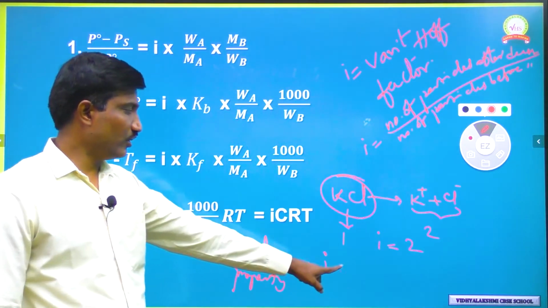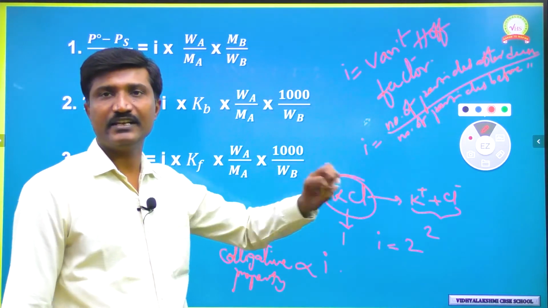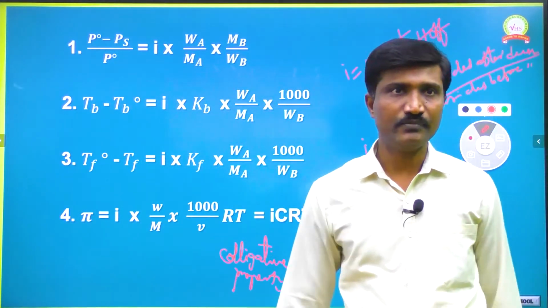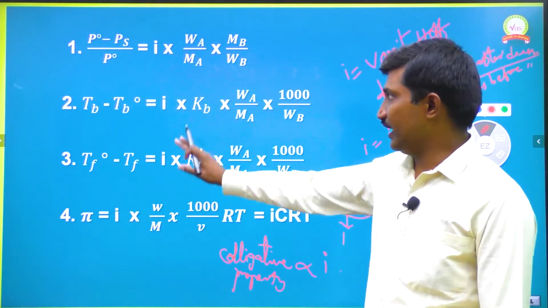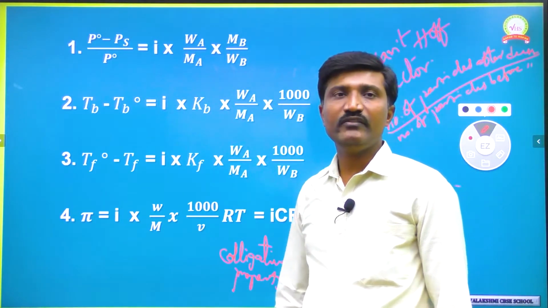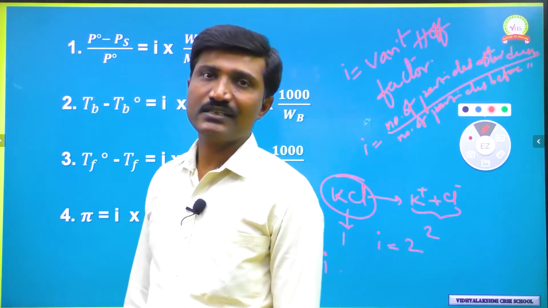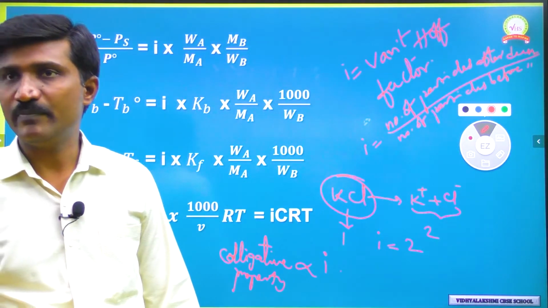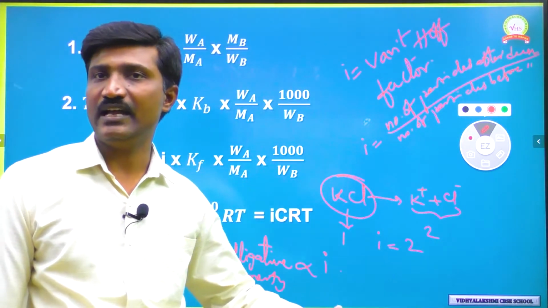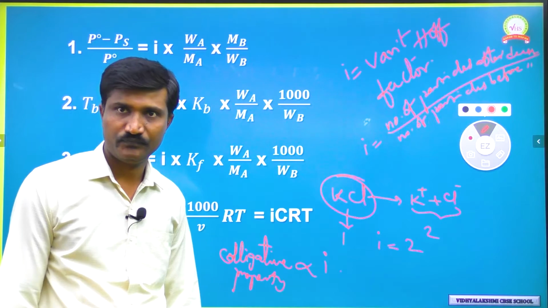If the i value increases, then the colligative property is more for that. That type of concept we will discuss in problems. So if we include the van't Hoff factor i, then only we can get the exact value of colligative properties, and it coincides with the theoretical as well as experimental value.